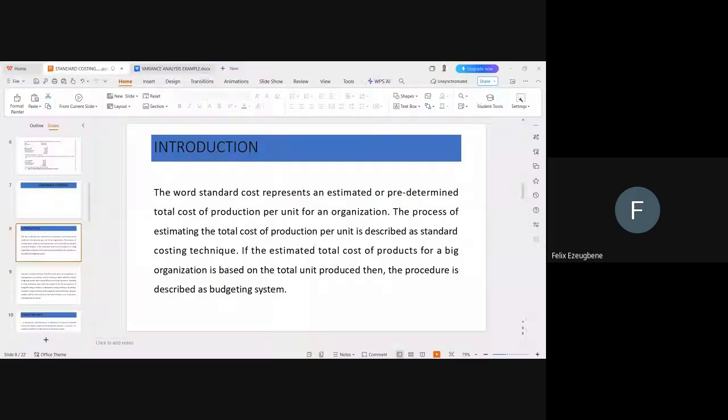Is standard and budget, are they the same thing, please? Hello, sir. I think there is a break in your network, sir. Can you come again? Yes, what I'm saying is, please, what's the link between the standard and the budgeting? As you described in the slide, the procedure is described as budgeting system. Are standard and budgeting the same thing, sir?